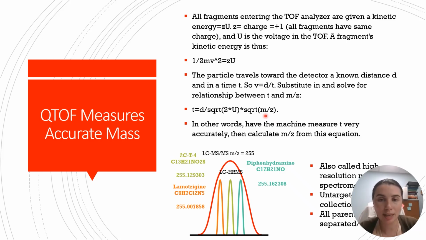So that is how you get your very accurate, very high resolution mass per charge measurements by measuring that time of flight. As I said before, this is very much amenable to untargeted data collection, and you can use the time of flight to separate all the parent ions and all the fragments that are separated.